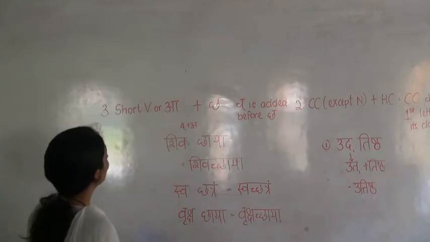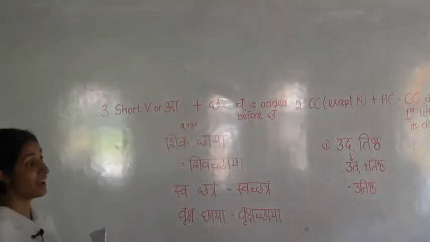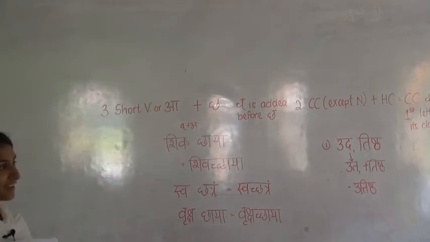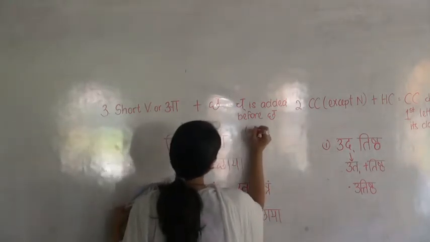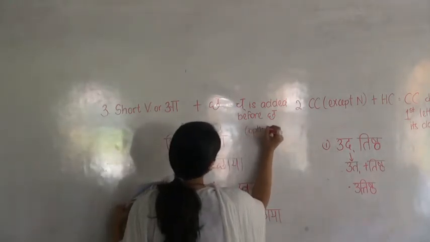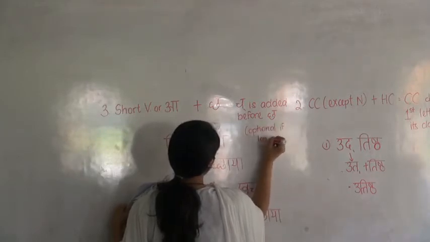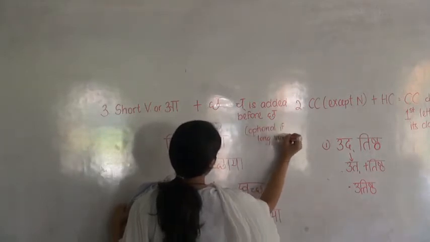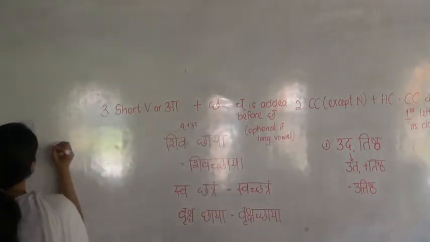Okay, what if now there's a long vowel in front of the cha, right? The rule is different. Over there, it's actually the same thing. It's just that it's optional if it's a long vowel. So here's an example of that.